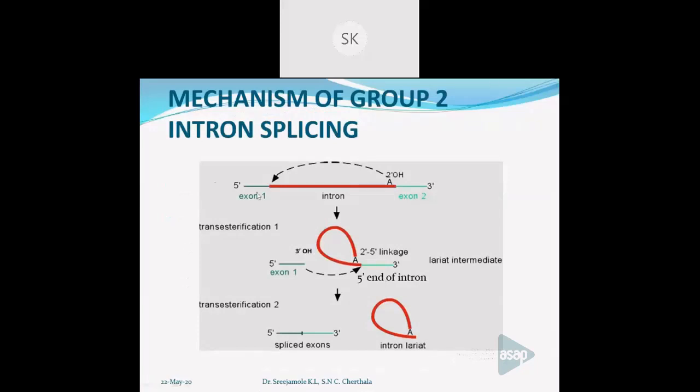Here we can see an intron which is intervening between these two exons.